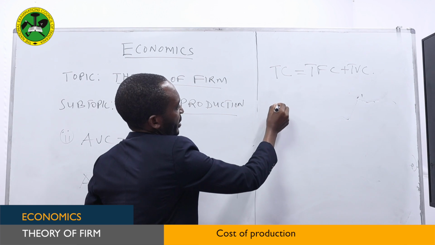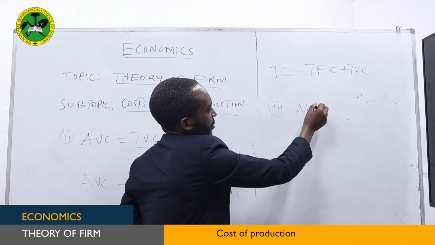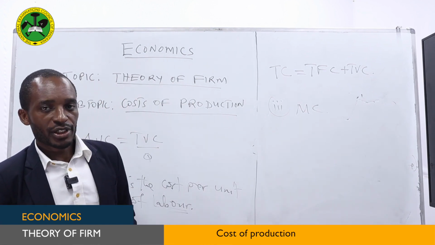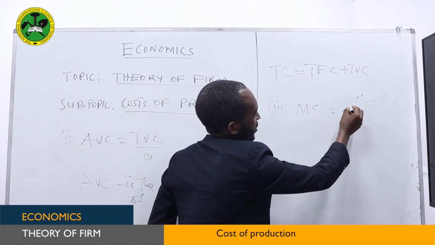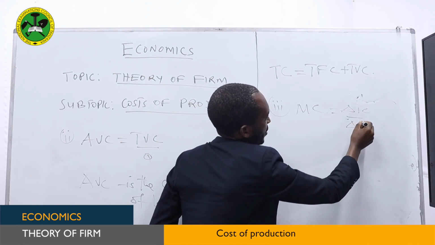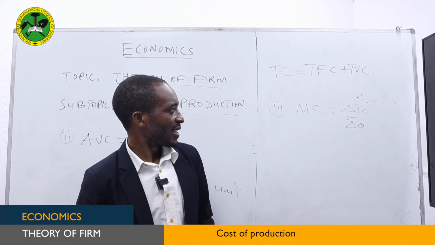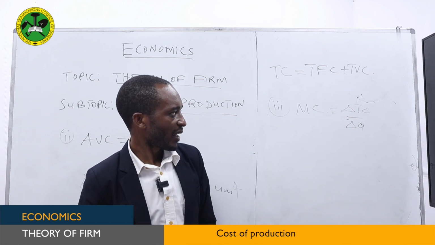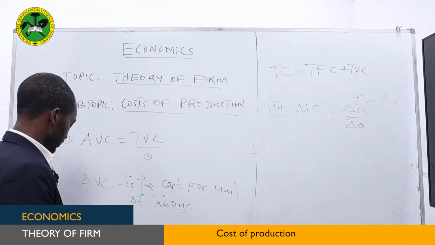The third concept is marginal cost. Marginal cost equals change in total cost divided by change in quantity. So the marginal cost will be equal to change in total cost over change in quantity produced.